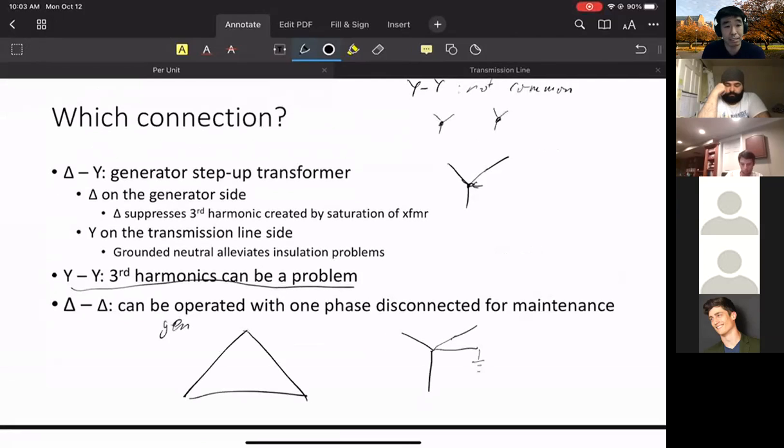Sometimes we just ground the neutral, so on the transmission side we can ground it. If there are harmonics, they at least have somewhere to go. And for the generator side, we have a delta connection. So for generators to a high power transmission line, you see a delta Y. And for lower or comparable voltage, you see delta delta going through. So that's the practical way these kinds of transformers are connected.